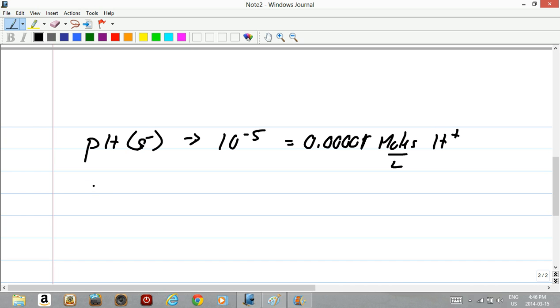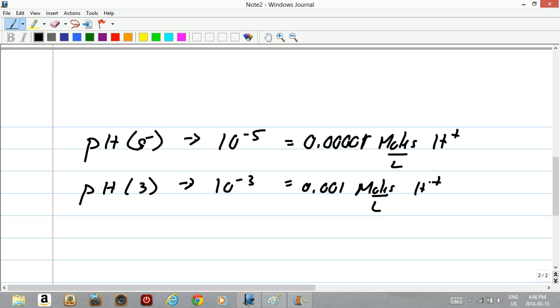Okay, and if we have a solution that is a pH of 3, then that would be 10 to the negative 3, which would be 0.001 moles per liter of hydrogen ions. And then we can compare. We can say, well, how much more concentrated is a pH 3 solution relative to a pH 5?